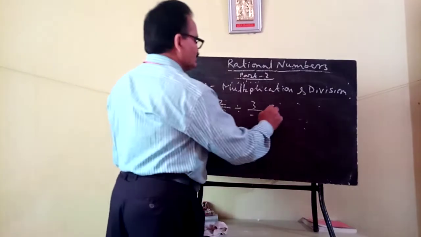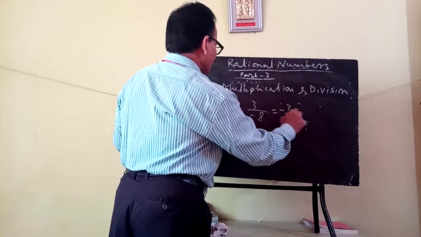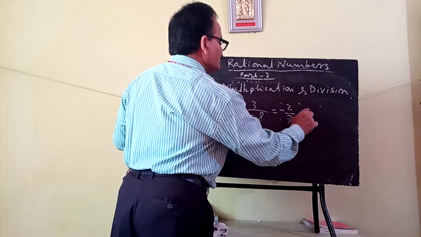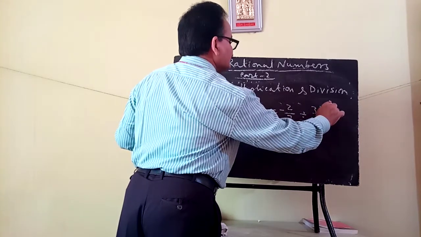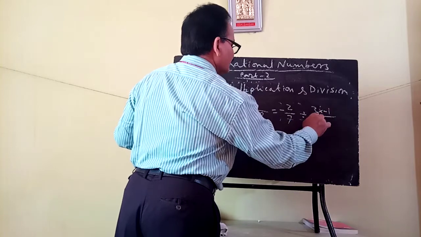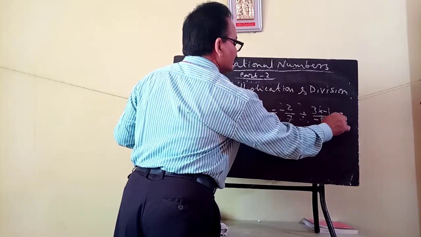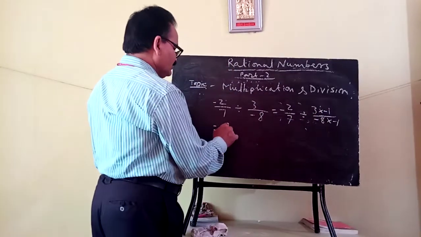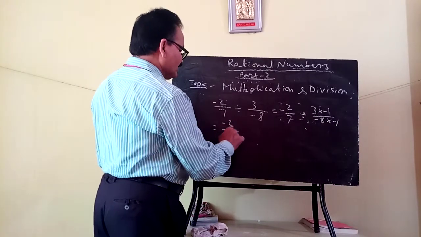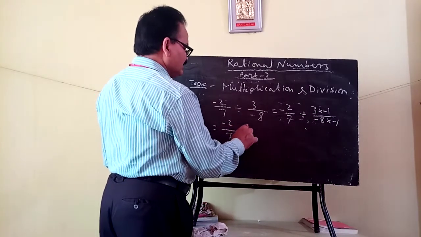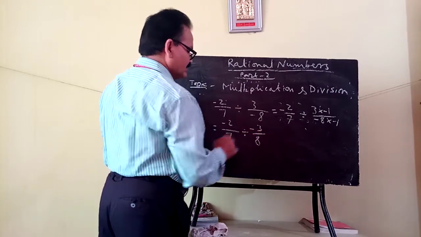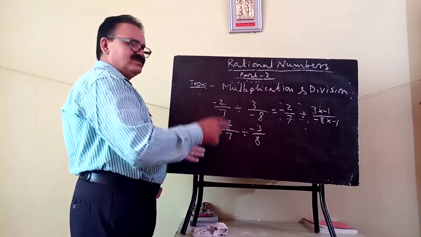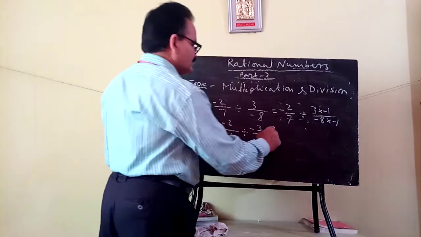In this case also, you first change it: -2/7, put the division sign, 3 into -1 by -8 into -1. Then it is -2/7 divided by -3/8. Now take the reciprocal of -3/8.